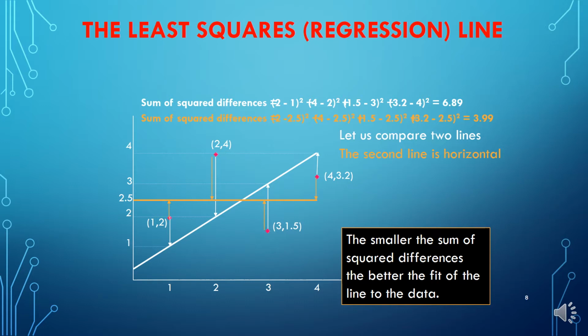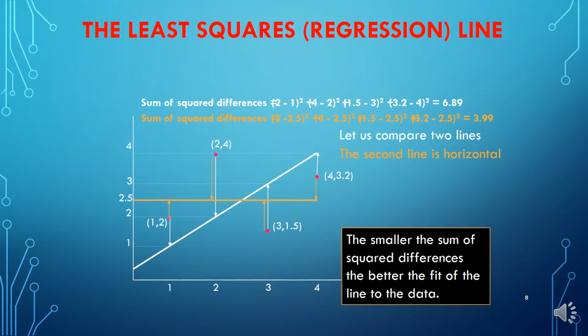The first case, when we drew a line which is slanting, we got sum of squared errors as 6.89. In this case, we are getting 3.99. So the horizontal line, although it looks very odd, tries to approximate the model based on data points that is available. So the smaller the sum of square difference, the better the fit of the line to the data.